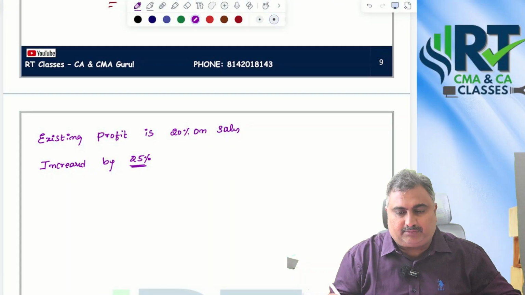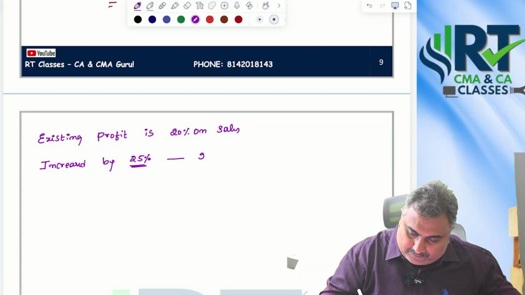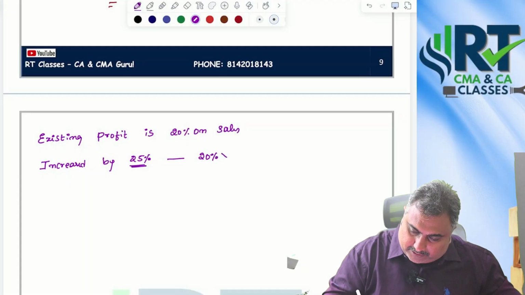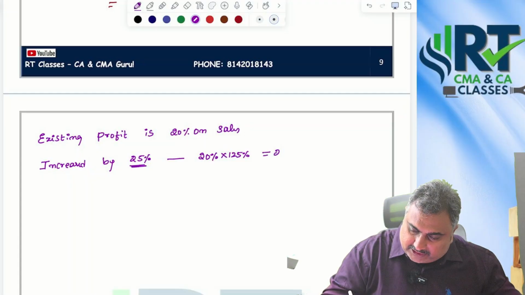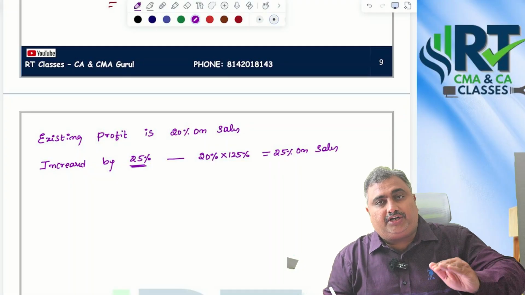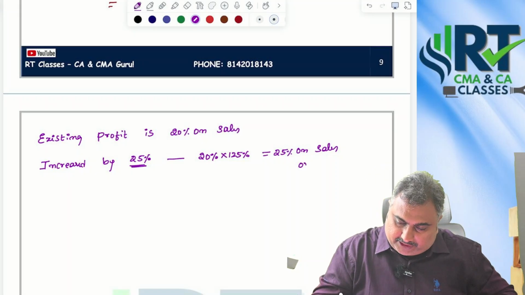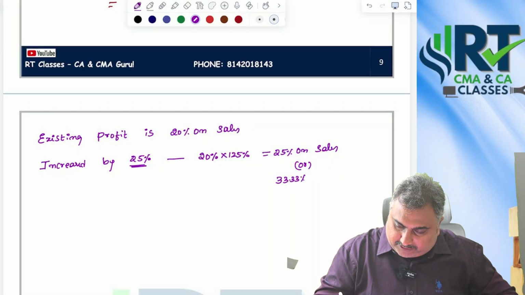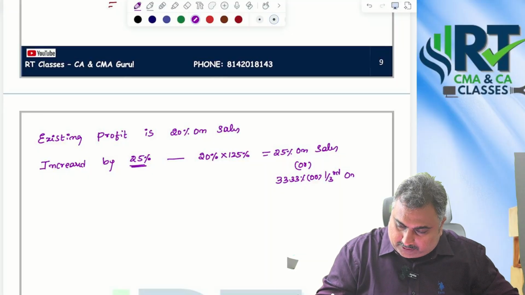Whenever it is increased by 25%, what will we do? Existing 20% into 125%, that is equal to 25% on sales. Whenever it is 25% on sales, you can write it as 33.33%, or 1/3 on cost.